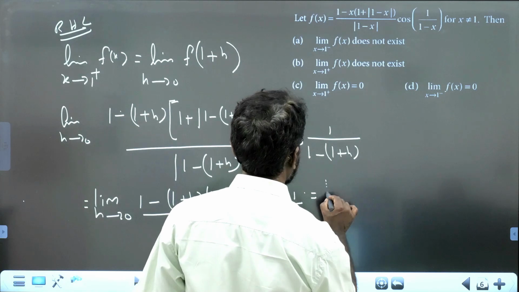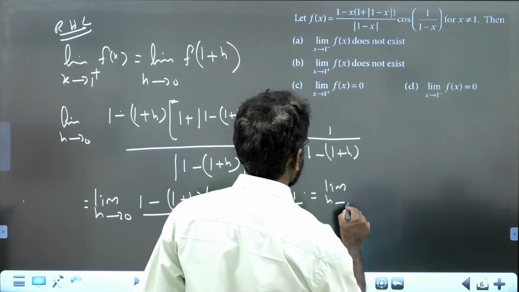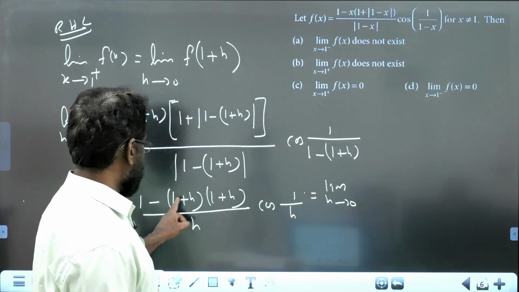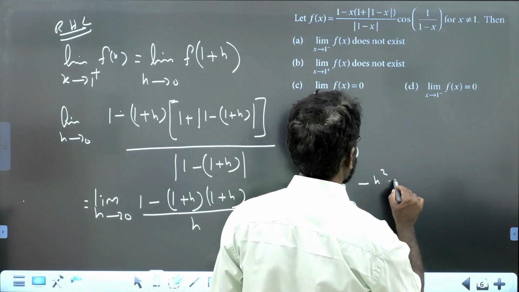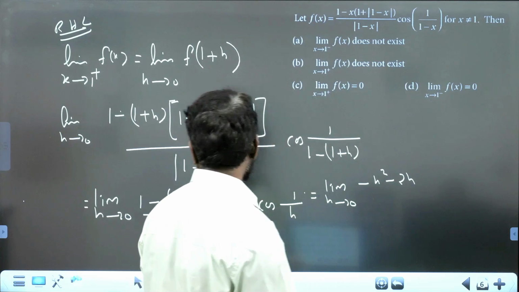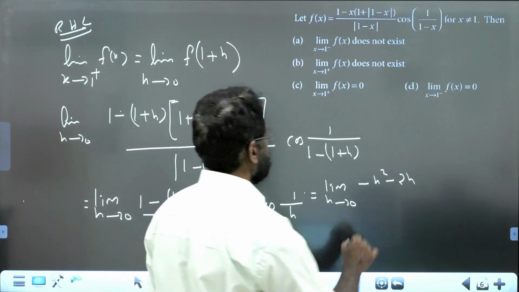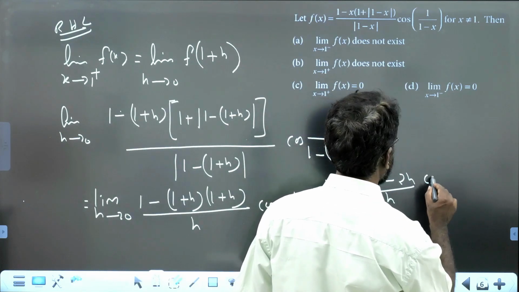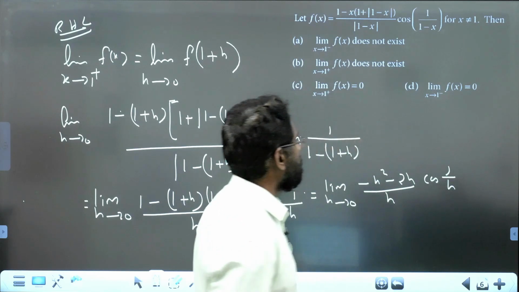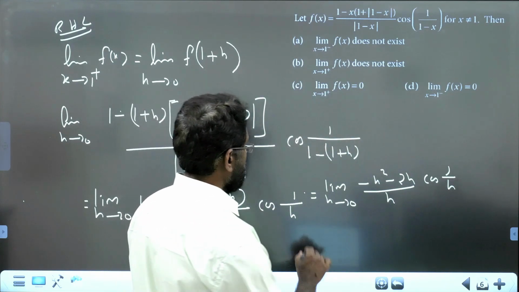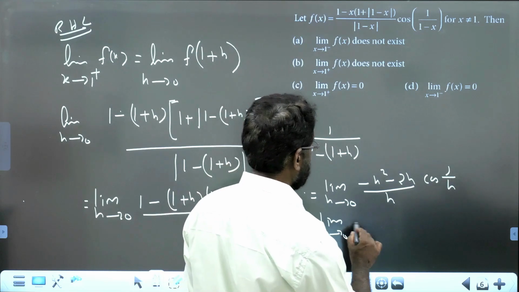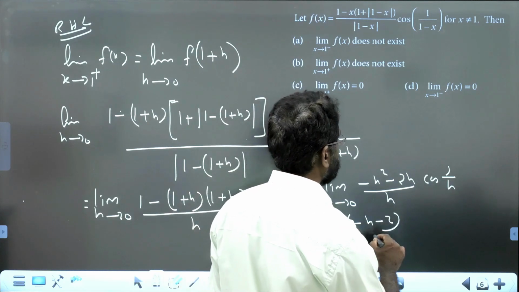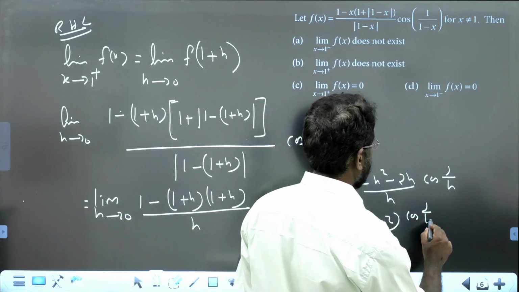This is equal to limit h tends to 0 of (1 minus (1 plus h) whole square), that is minus h square minus 2h, 1 cancelled, divided by h, cos 1 by h. That is limit h tends to 0 of (minus h minus 2) cos 1 by h.